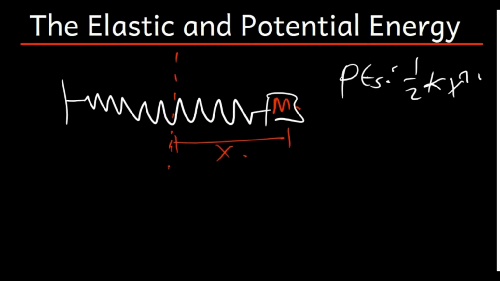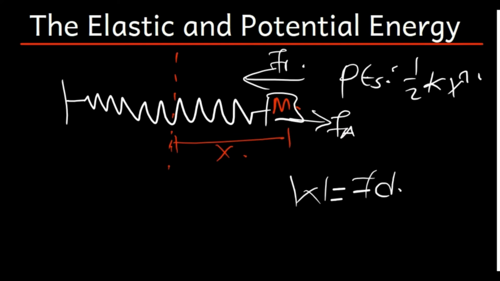We have the restoring force, which is in the opposite direction to the applied force. Work is given by the force times the displacement, and in this case the displacement is the x. That's why the elastic potential energy is the same as the work done by the spring. That is very, very important.